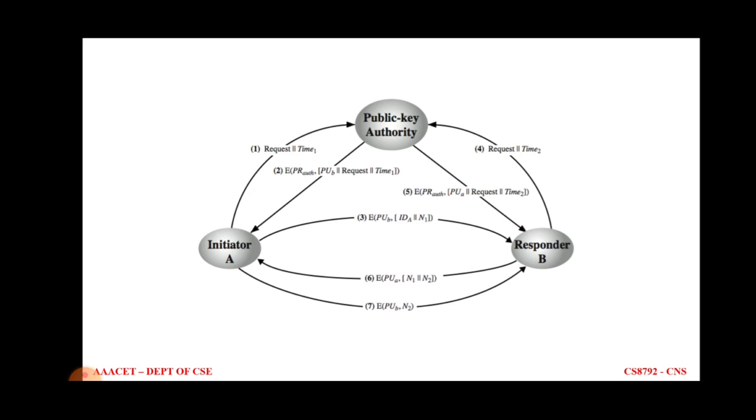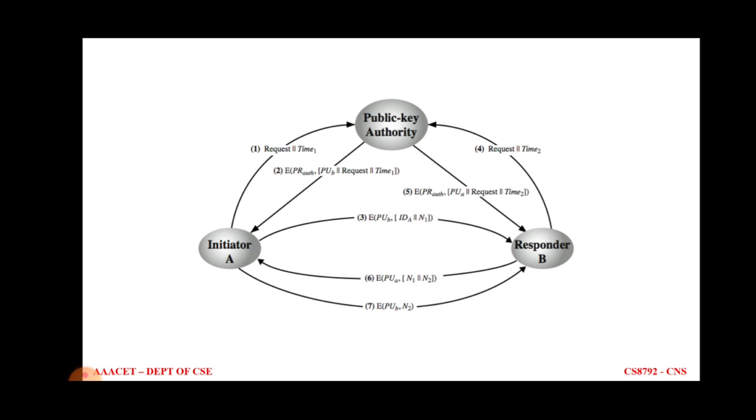Here the initiator requests some information from the public key authority. The public key authority sends some information to initiator A with the encryption process, that is, the public key value of the responder and the private key value of the authority, and then the initiator encrypts the public key value of B with the information of the identifier.